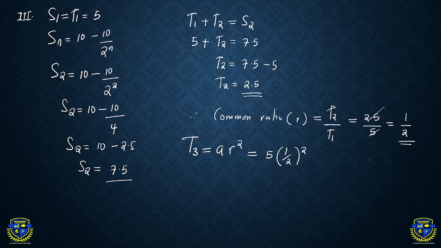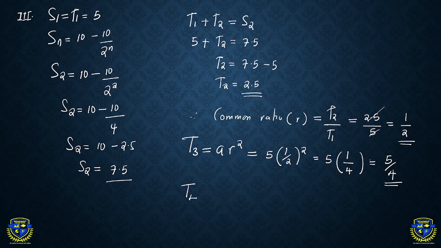So we shall say this is going to be 5, 1 to the power 2, that is 1, and 2 to the power 2, that is 4. So this is going to be 5 multiplied by 1, it's going to be 5 over 4, meaning this is the third term. Okay, do the same for the fourth term.